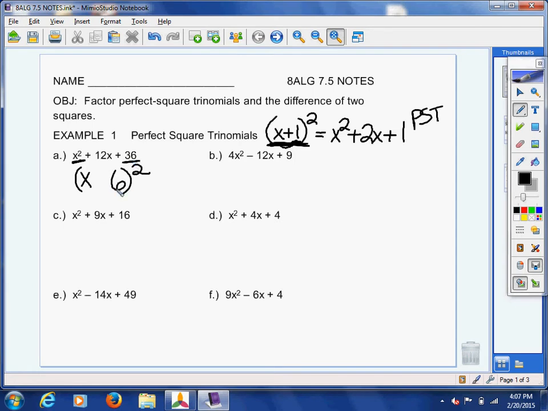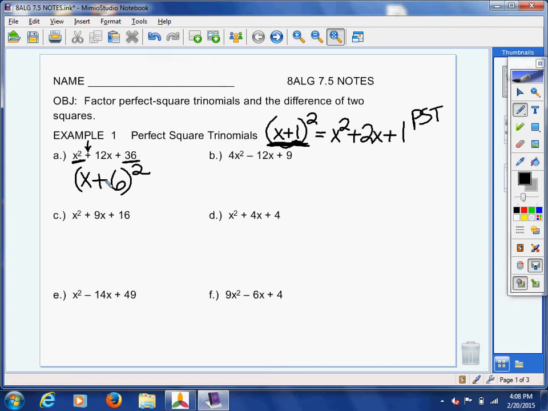Right, 6. And then I always look at the sign of my middle term. My middle term is positive, so the positive sign is what I'm going to use here. Okay? I use the middle term to guide me as far as sign. The middle term doesn't have to be perfect. The middle term just tells me what sign to use.